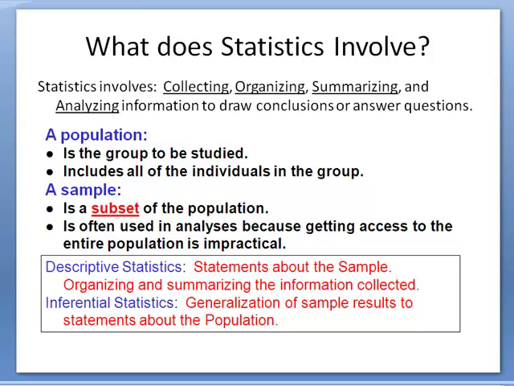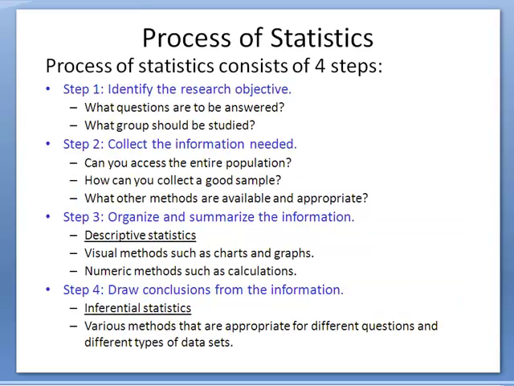Inferential statistics is the generalization of that sample result to statements about the population. So again, if we had to do an analysis on the population, inferential statistics is not necessary. It's when we have the sample and we have to make inferences about the population that inferential statistics comes about.